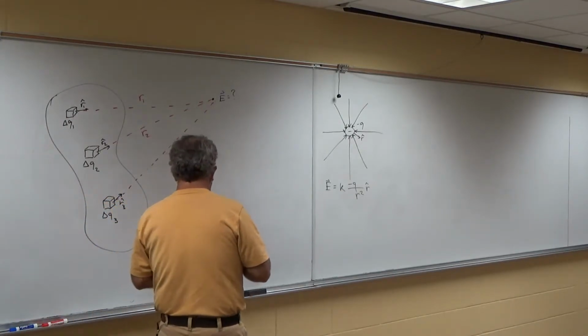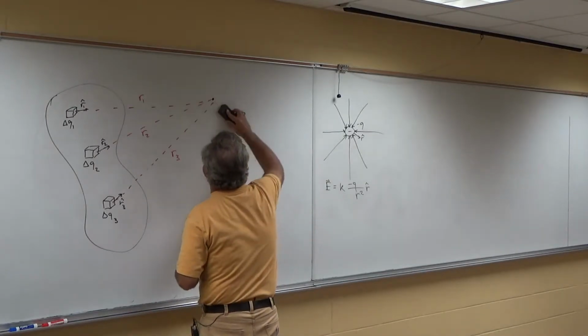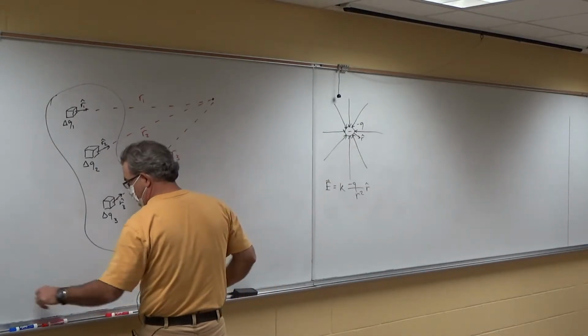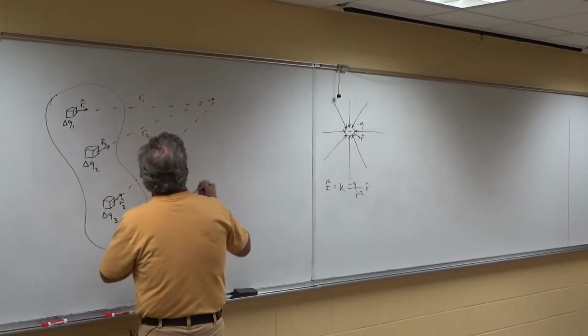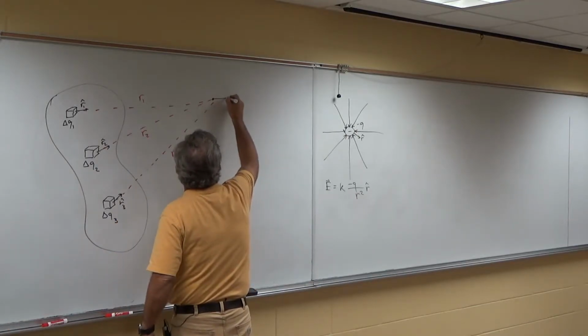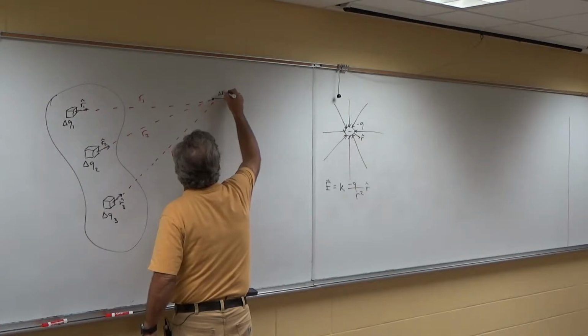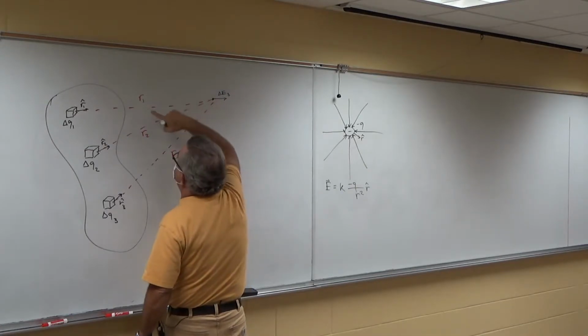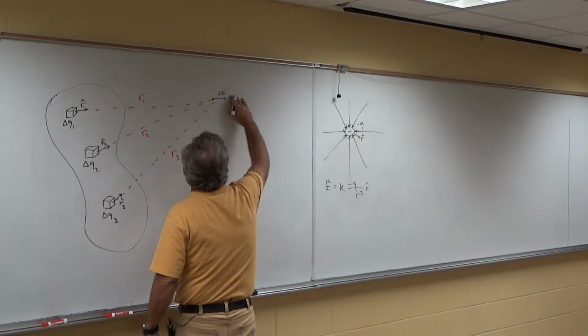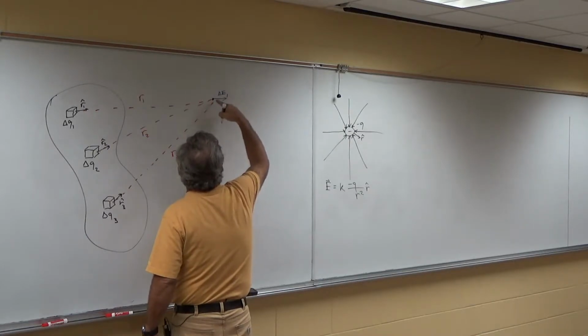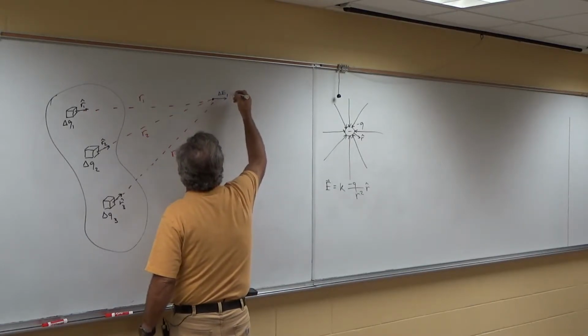For each one of these little bits of charge or cubes of charge, I get a delta E. Delta E1, that's from that delta Q1.